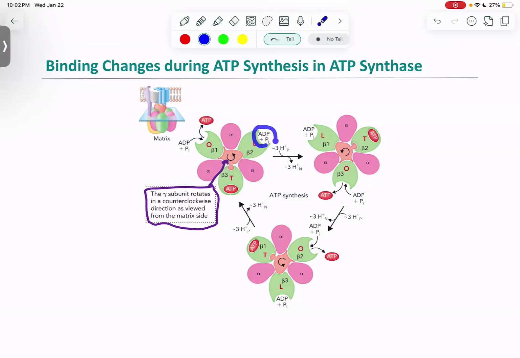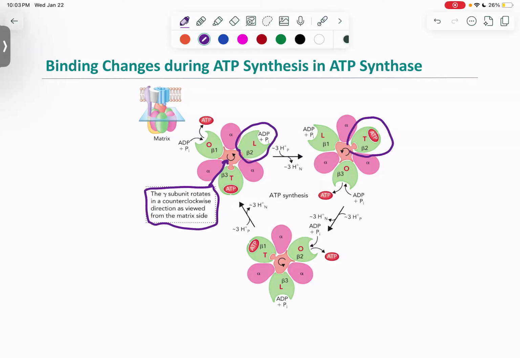So I had ADP and my inorganic phosphate bound. And when I make that 120-degree rotation due to the movement of 3 protons from my inner membrane space to the mitochondria, I am going to result in the formation of ATP, but it's not released yet, right? We're kind of monitoring just this one.